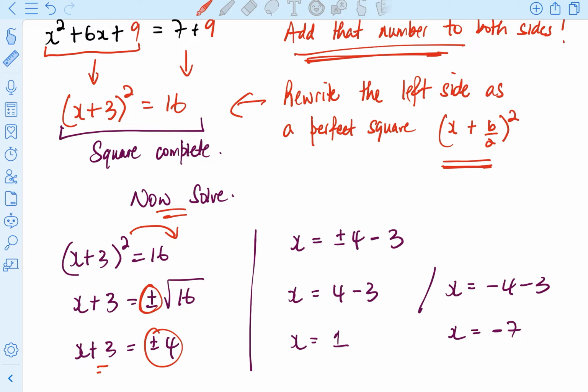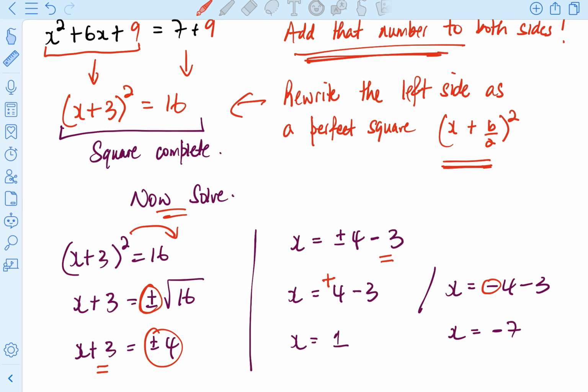I carried positive 3 over the equal sign. It became negative 3. And so what I end up with is x is equal to 4 minus 3, negative 4 minus 3. What I would want to add is that this is the plus and this is the minus. That's the plus or minus. That's how you split them.